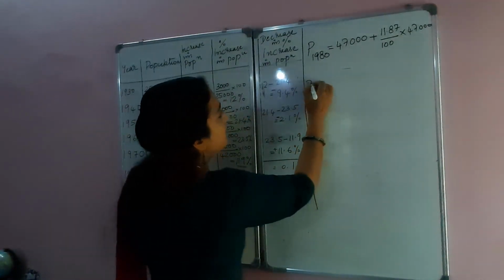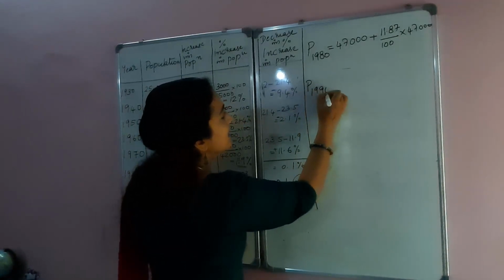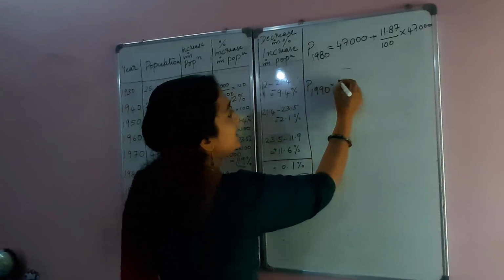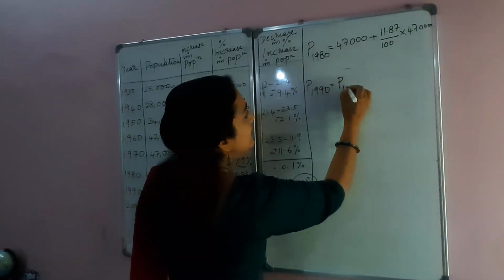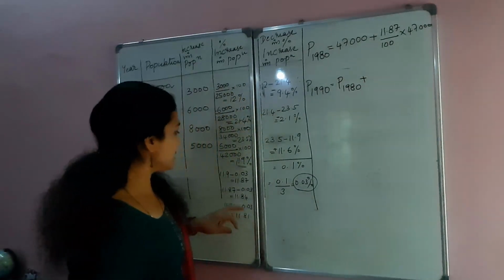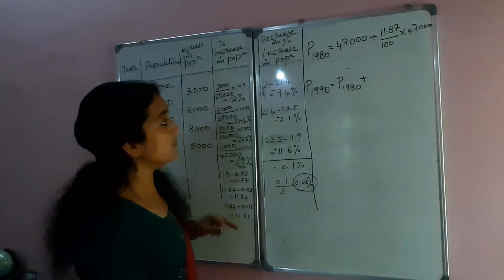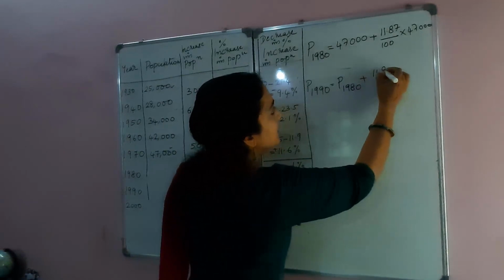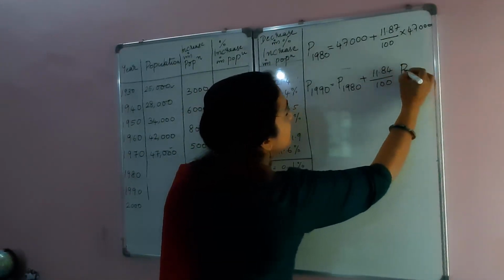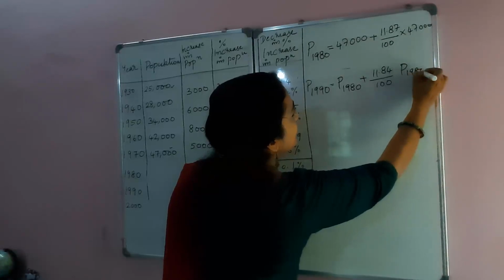Then P1990 is the population in 1980, P1980, plus the percentage increase, 11.84 divided by 100, into P1980.